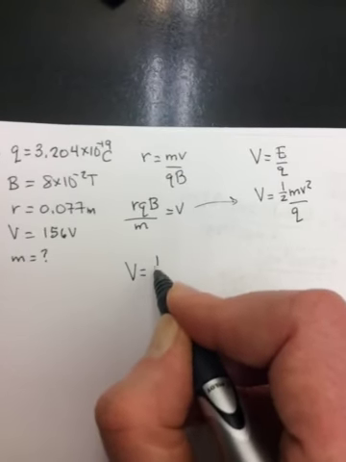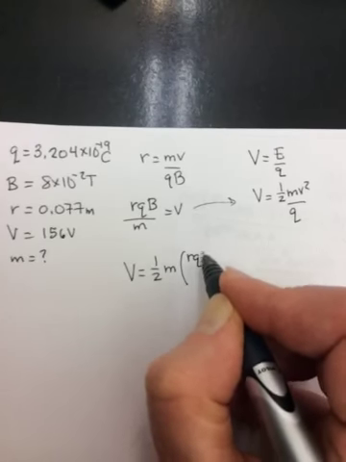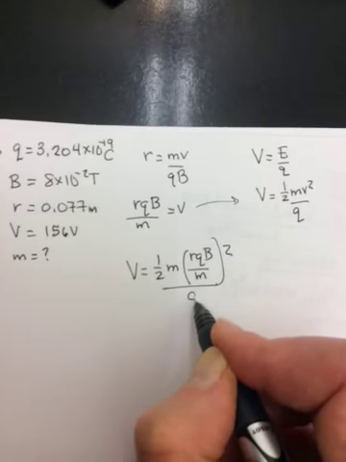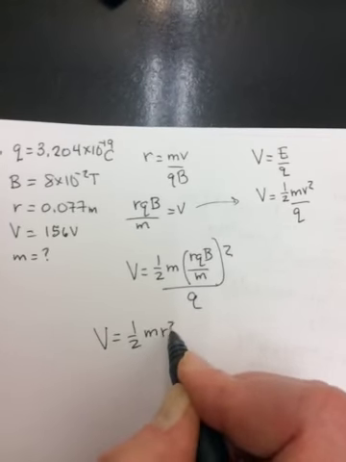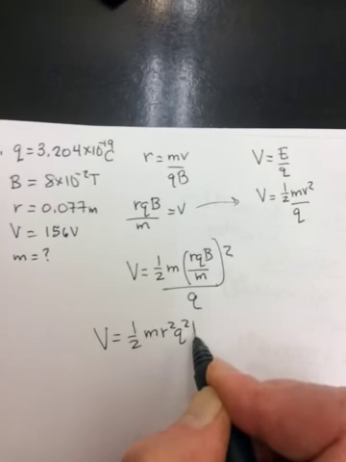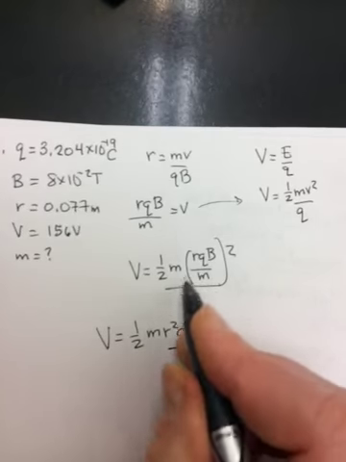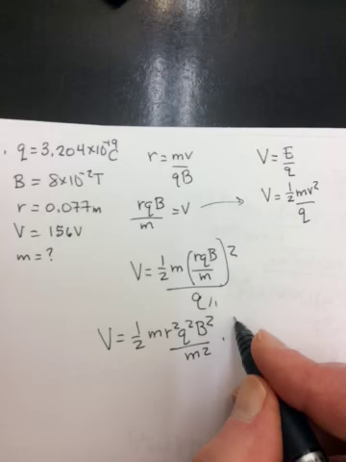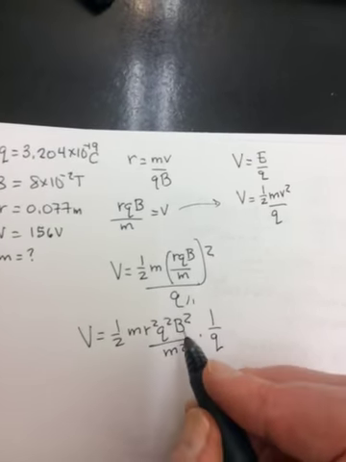So we would have V is equal to 1/2 m times (RqB over m) squared over Q. So V is equal to 1/2 m R squared q squared B squared over m squared, and the Q on the bottom, dividing by a fraction, is the same as multiplying by the reciprocal, so that Q also stays on the bottom.